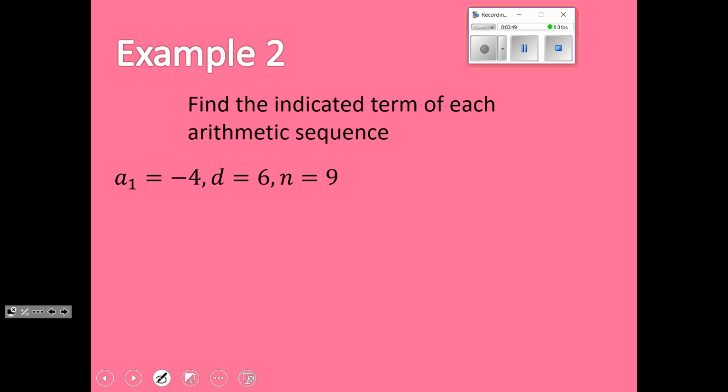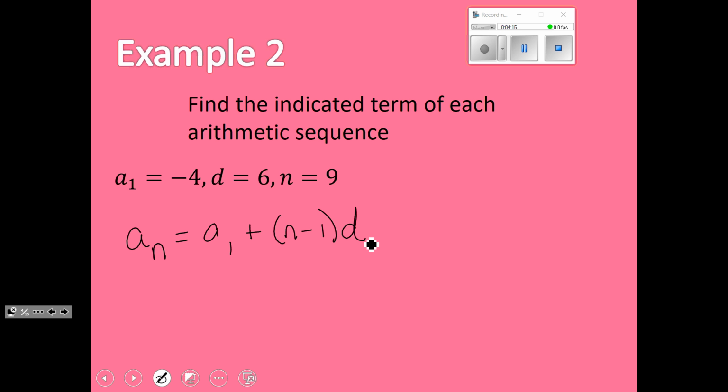All right, so let's take a look at example 2. We know if we are looking for the nth term that we're going to use our a sub n formula. So a sub n equals a sub 1 plus the quantity of n minus 1 times the common difference. And here's the concept, guys. In everything that we do over the next 3 days, here's our motto.